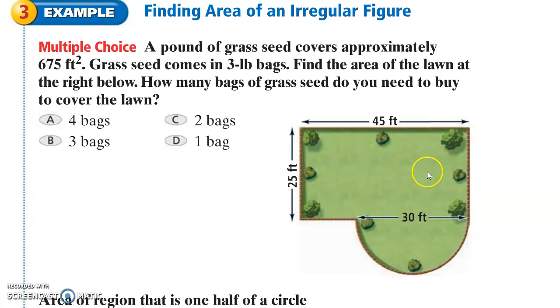Looking at this problem, we want to figure out how many square feet there are in this shape. It looks like we have a rectangle and a half of a circle. So we can find the area of this shape by finding the area of the rectangle first, and then the area of the half circle.